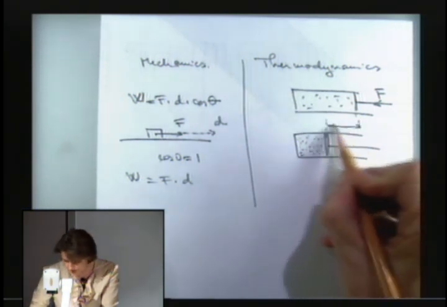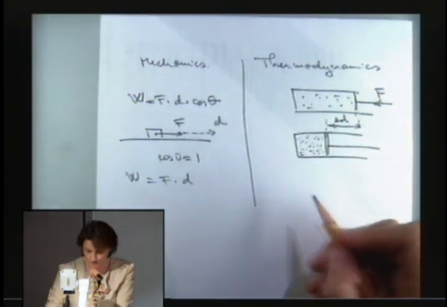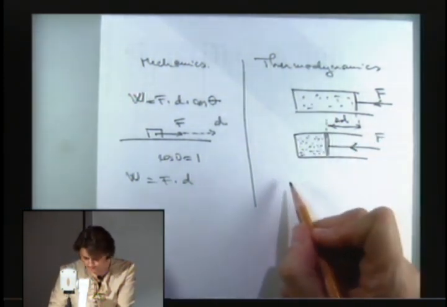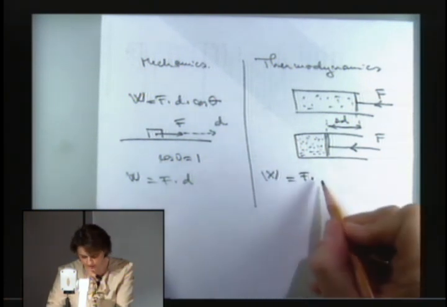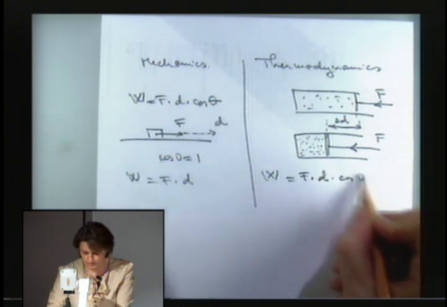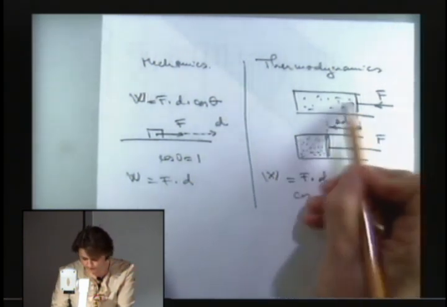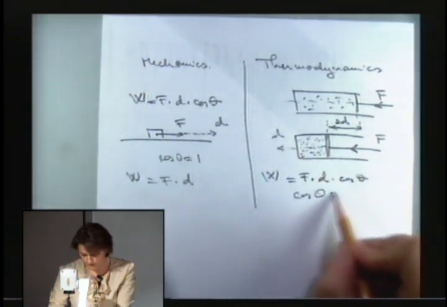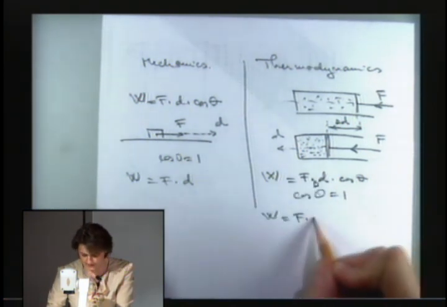Let's say that it moved just like this with this delta D, and here is F. So, the work is the force times the displacement, times the cosine between them. What is cosine of what? This is the force in this direction, and this is the displacement. What is the angle? 0. Right? So work will be F times this delta D. Yes?